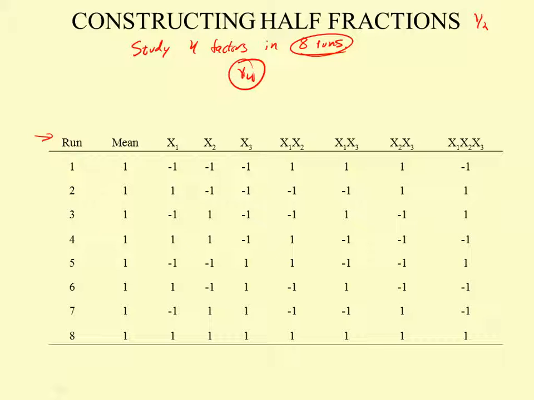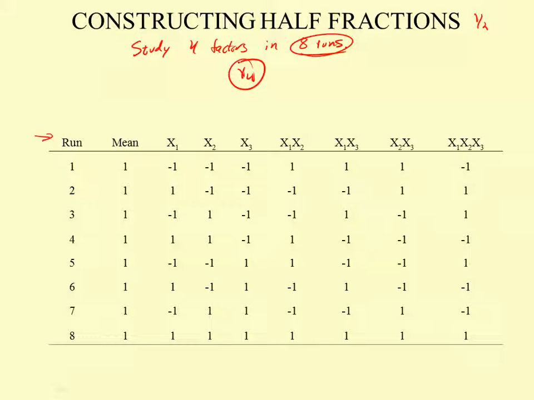When we add this in, think about what we're doing. When we're adding x4 in these 8 runs, we have to assign high and low values to x4, right? For this run, we're running the low values for x1, x2, x3. Somehow we have to set x4 in there as well. So how do we set it to minimize the confounding?